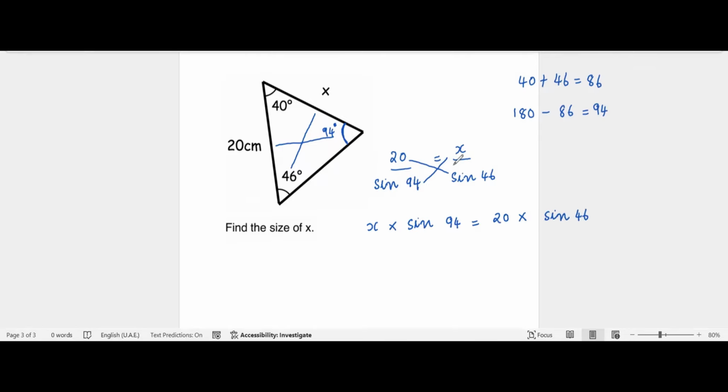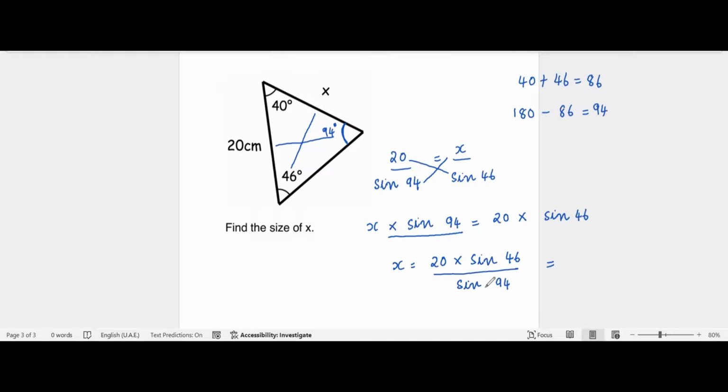Now, as we are finding out x, only x should be there on the left hand side. Multiplication of sine 94 should be taken to the other side. The opposite of multiplication is division. So x is equal to 20 times sine 46 divided by sine 94.